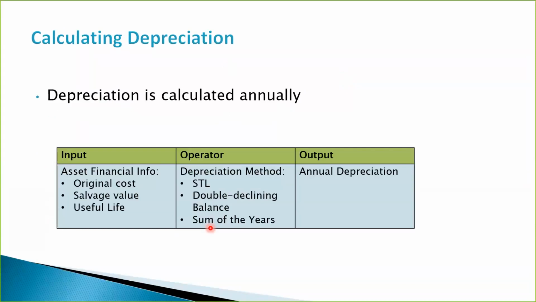We get 1,200 per year, and then we can calculate the expense per period by dividing by the number of periods in the year. So 1,200 divided by 12 periods; if the period is a month, we'll get a depreciation expense of 100.